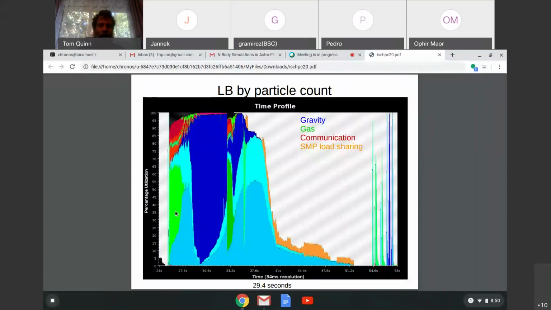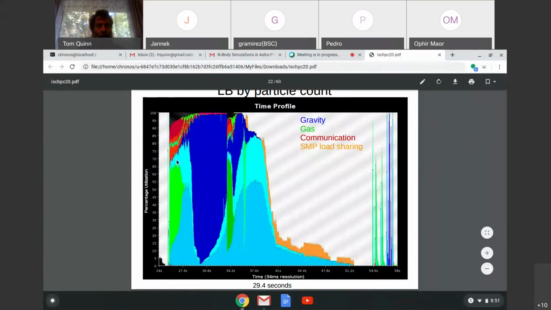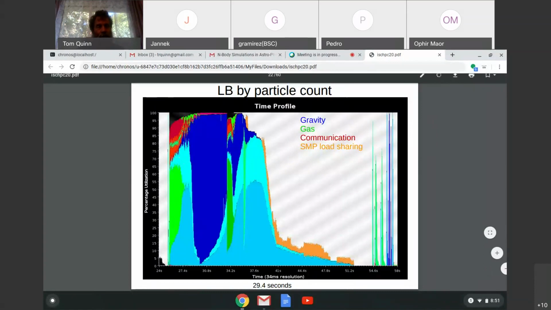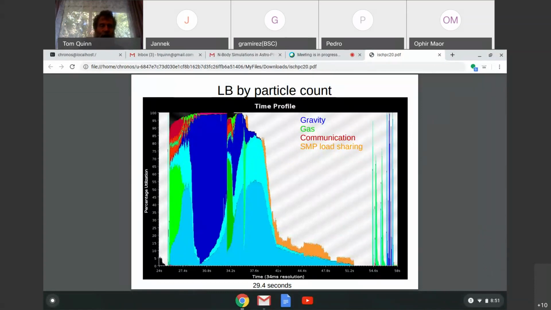So this green here is solving the continuity equation, conservation of mass. It's doing a lot of communication, but overlapped with this is some of the actual local gravity work, in the light green. As more data comes in, we have the remote gravity work being done in the dark green.